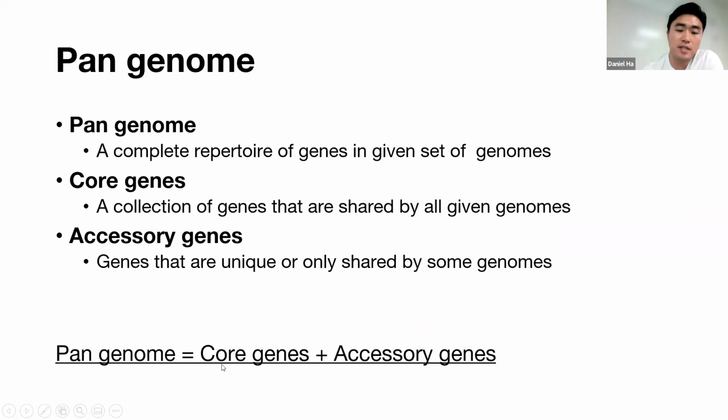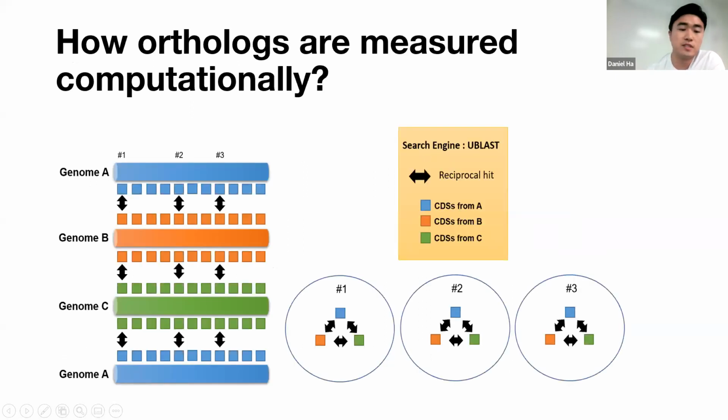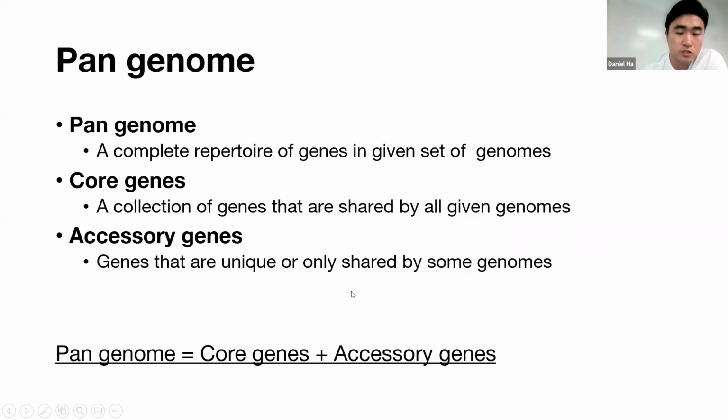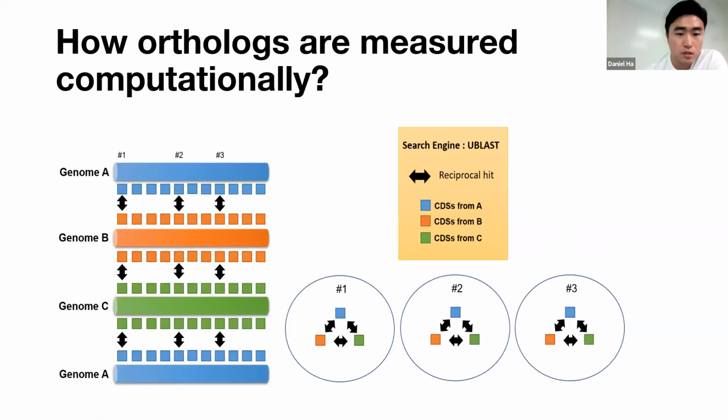The combination of core genes and accessory genes is called the pangenome, which represents the entire repertoire of genes in a given set of genomes. So for this figure, the entire set of blocks here represents the pangenome of just this given set of genomes.